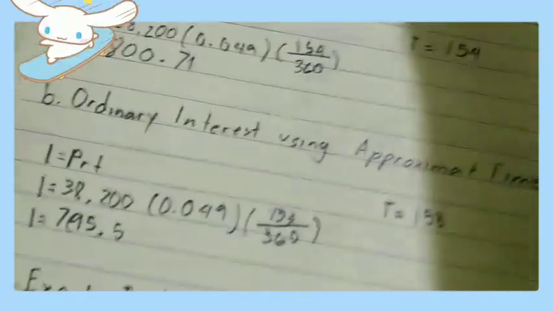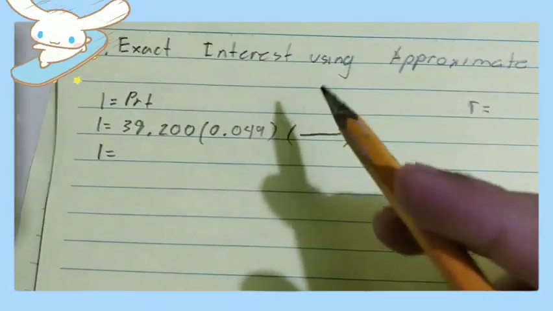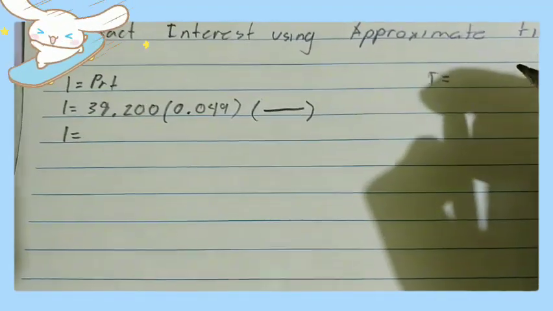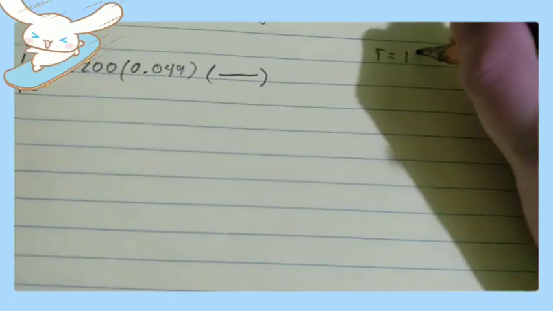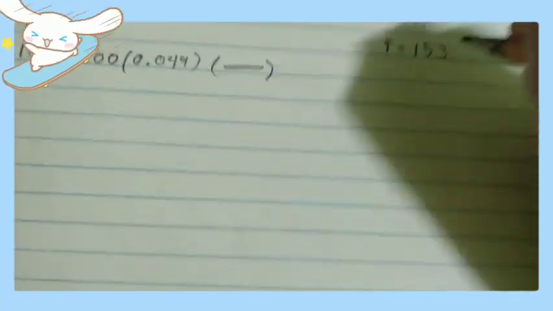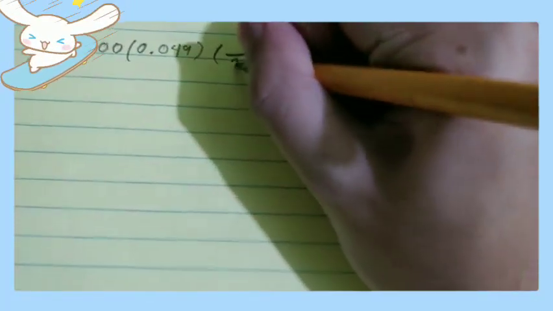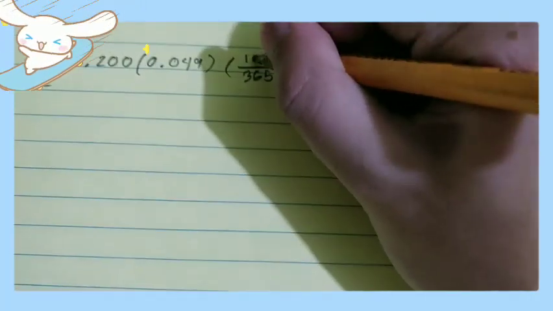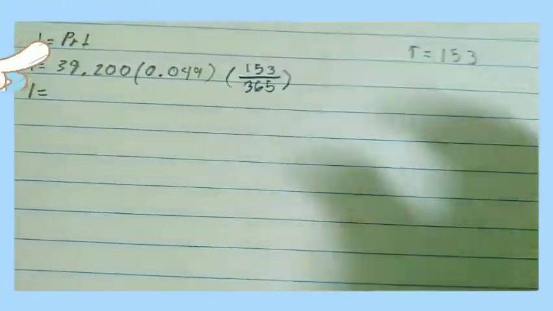And let's move to the final letter, letter D. Exact interest using approximated time. So our approximated time is 153, and we're using exact interest, so 365. So 153 over 365.